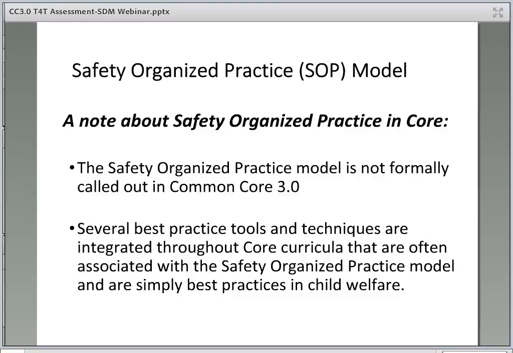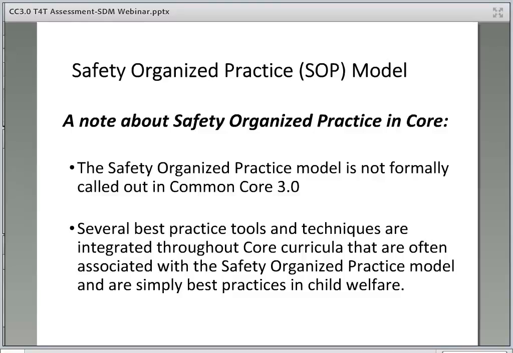It is important to note that SOP is not formally called out or referred to in Common Core 3.0 curriculum. There are several collaborative best practices that are often associated with SOP, such as safety mapping, teaming, and other engagement strategies that are integrated throughout Core curricula and are not referred to as SOP. They are referred to as best practices in child welfare.